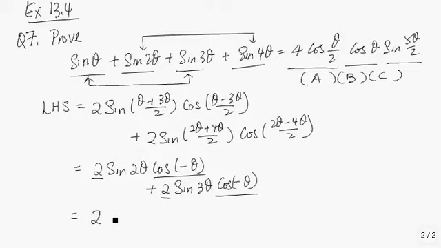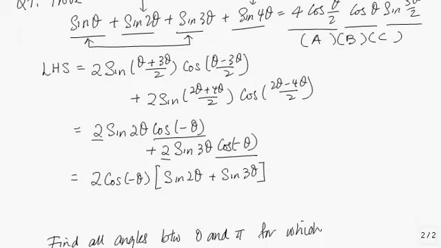Now if you look at your page 233, you'll find that your cosine negative theta is actually also equal to your cosine theta, and then we apply the factor formula again.